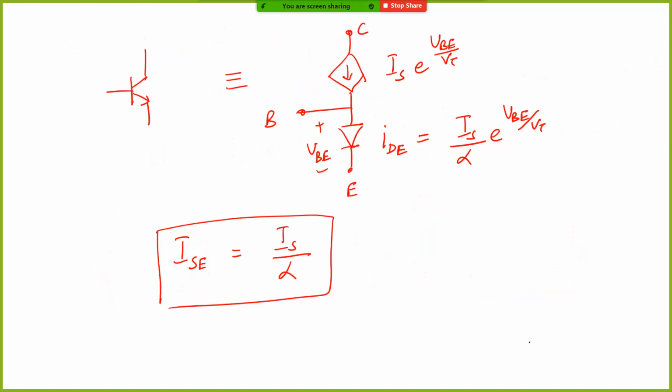In other words, it can also be equivalently written as this, the IC equation, the collector current equation, and from there you can bring it like this. Any doubts? Any questions? Is this clear?